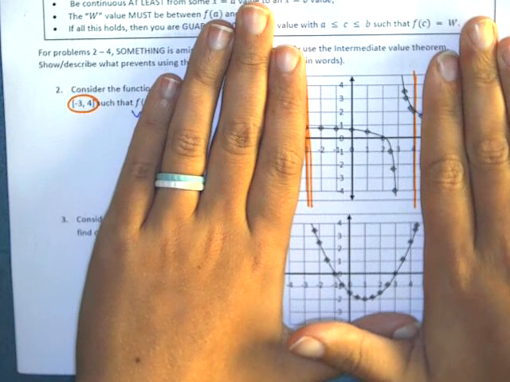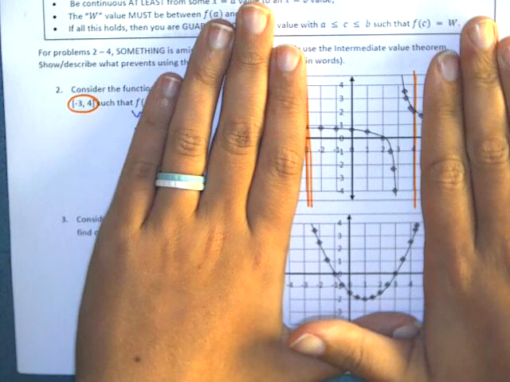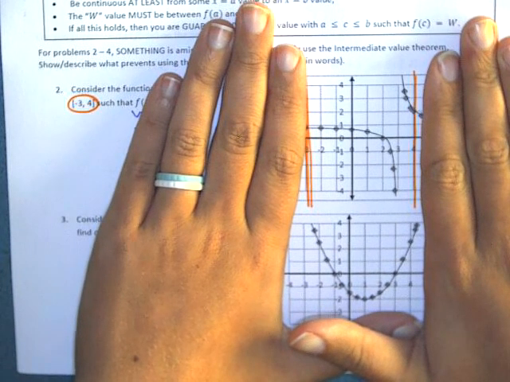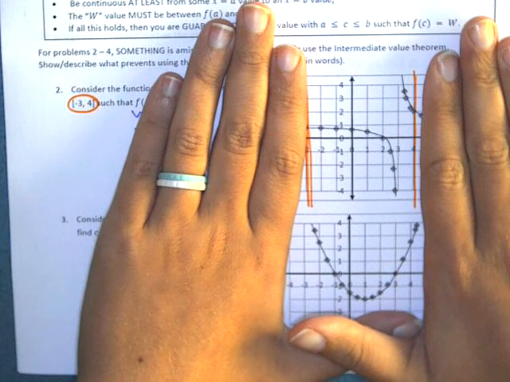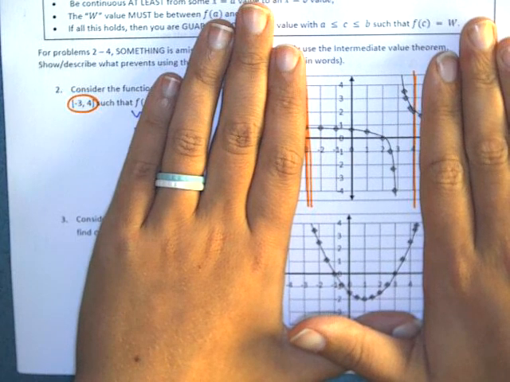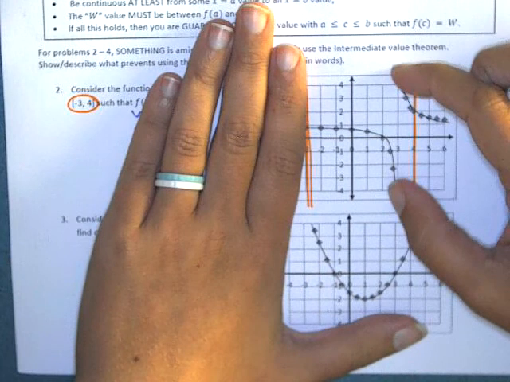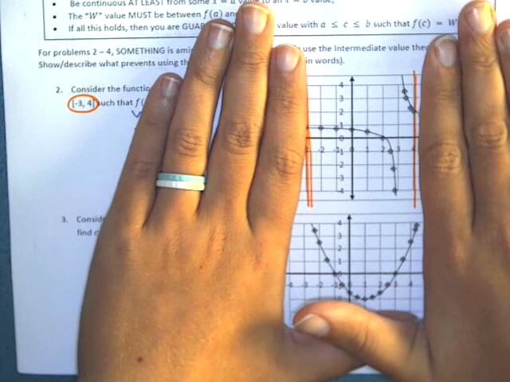Now, in order to apply this theorem, in order to make guarantees, we need to be continuous, and the number that we want needs to be in between the numbers of the endpoints. So, the first thing is, are we continuous? Well, looking at this chunk of the graph, I can see that there's an infinite discontinuity at 3.